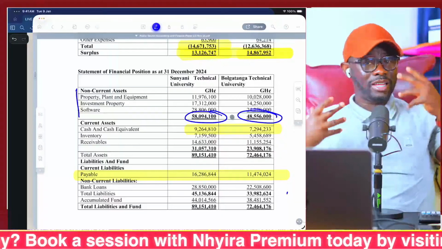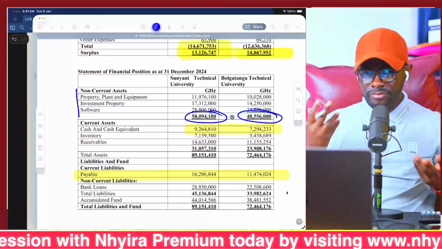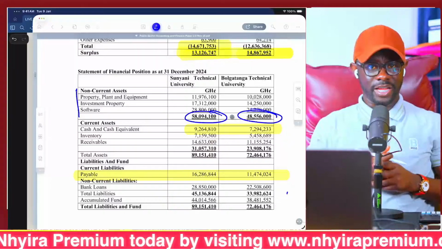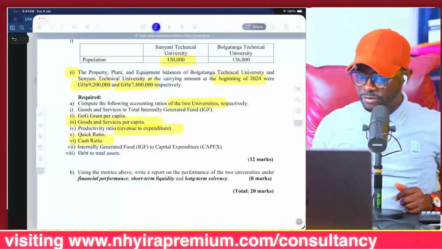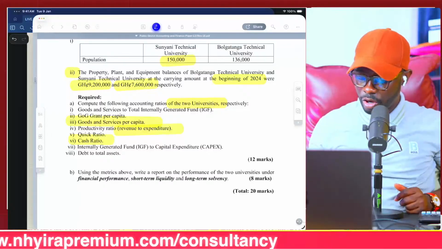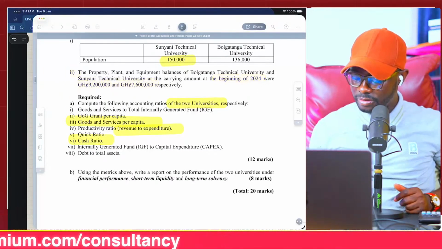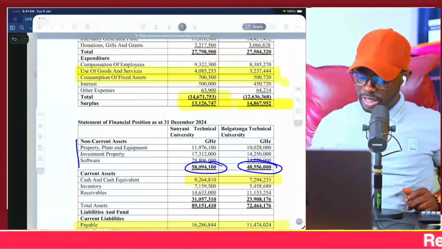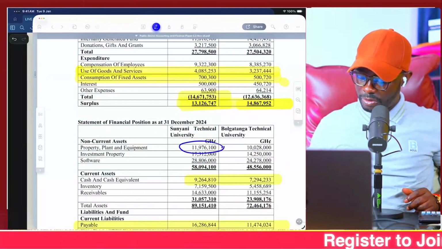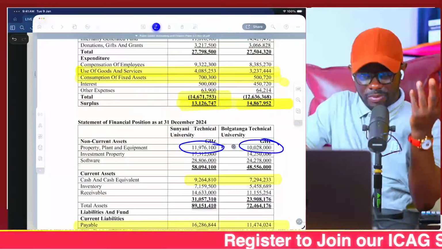So it depends on the styling of the question and the way you work yourself out generally at the end of the day. In the context of this question, because we have the opening carrying amount figures available, we can simply subtract that from the closing carrying amount figures available, and that should give us the capital expenditures.